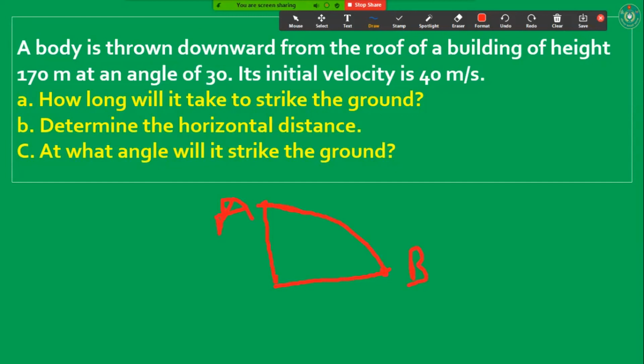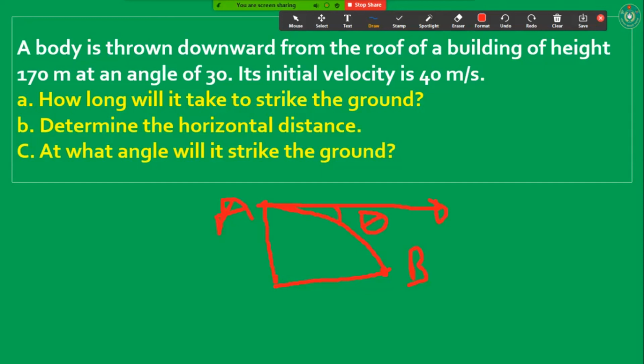You have to find out at what angle it will strike the ground. To find the angle, you have to draw a tangent, and this angle is our concerned angle.